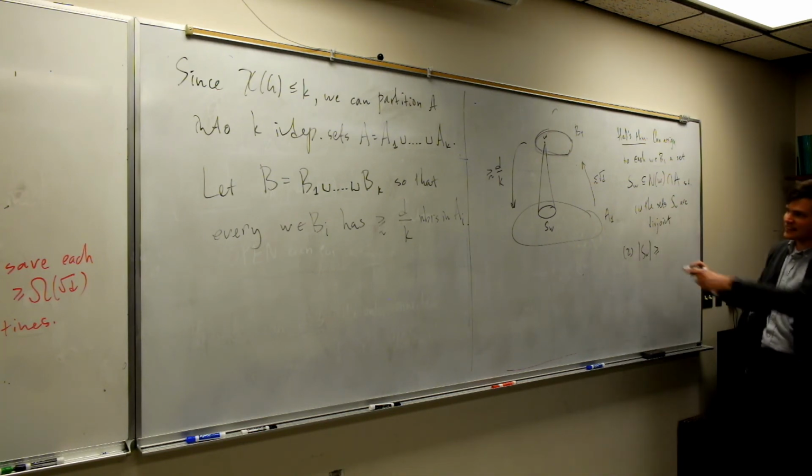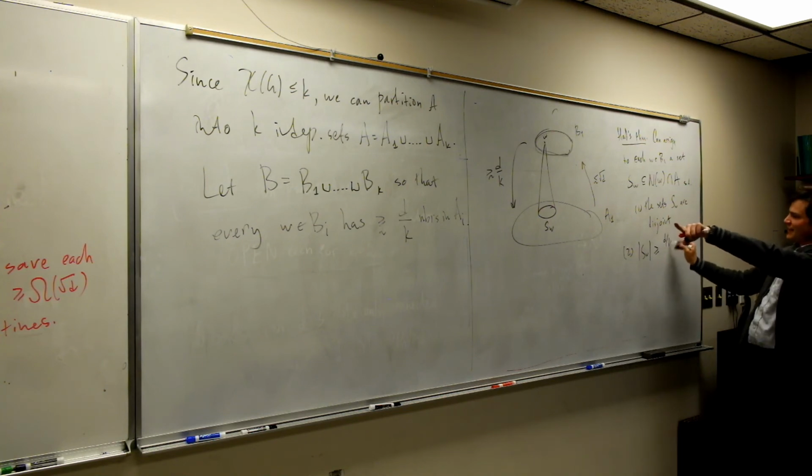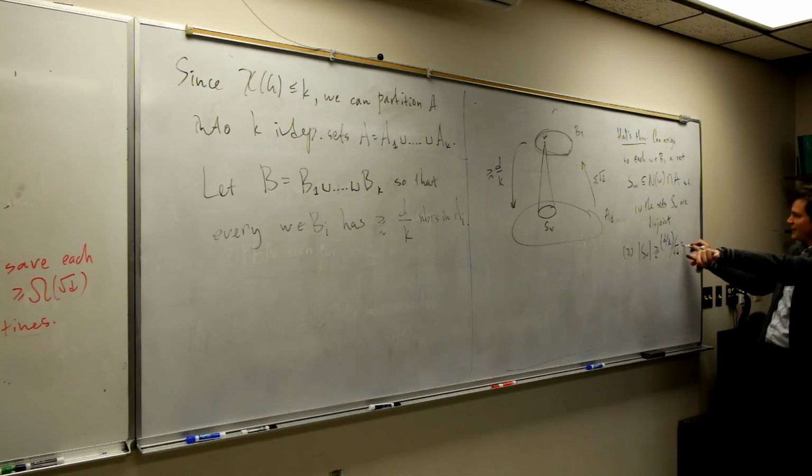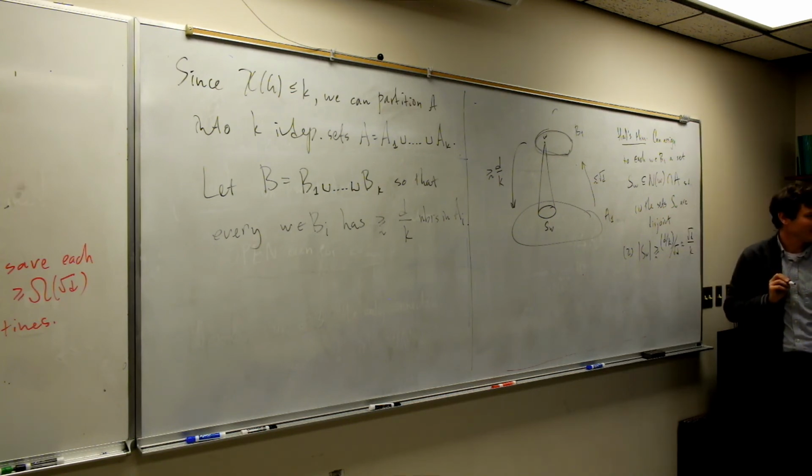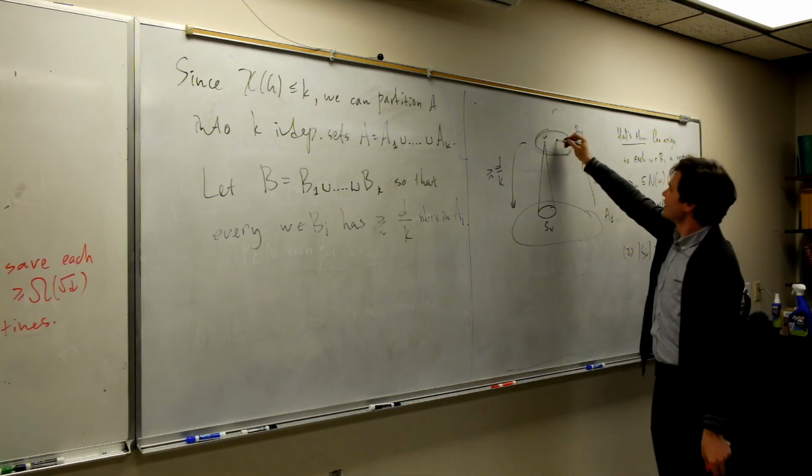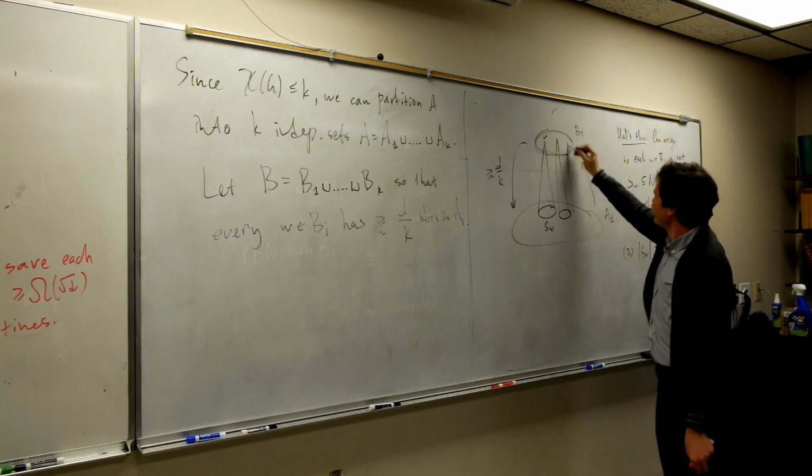The size is at least the ratio of D over K over root D, which is something like root D over K. So it's still a constant times root D at this point.